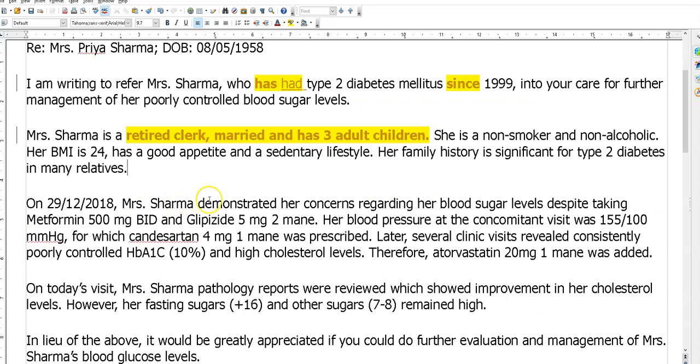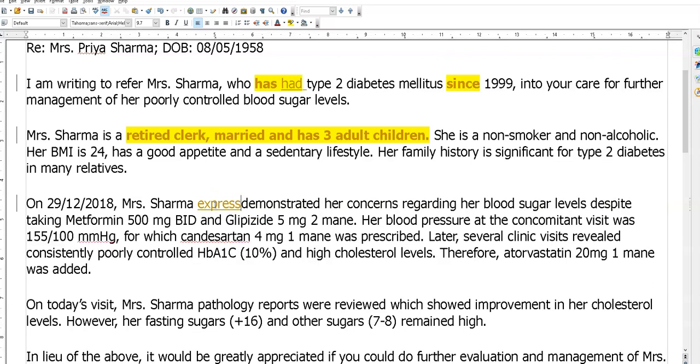Mrs. Sharma demonstrated her concerns. How can you demonstrate your concern? You can express concern. You can't really demonstrate your concerns. Expressed her concerns regarding her blood sugar levels.